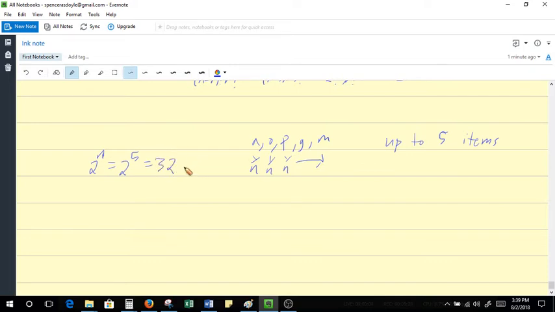So 32 different smoothies can be made with just these 5 ingredients. And as I mentioned before, that's how a lot of those sandwich places say, oh, we've got hundreds of different sandwich options available. Yes, but take that with a grain of salt to what that actually means.